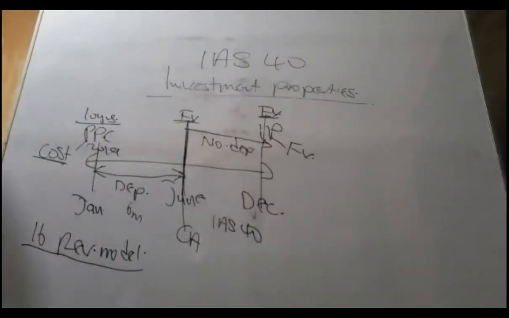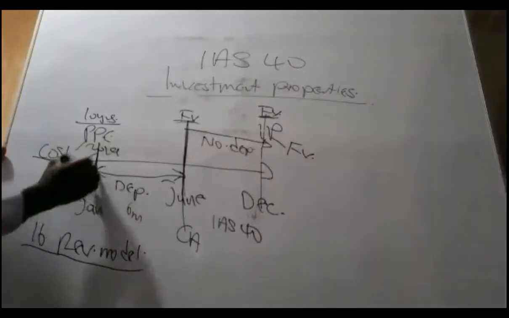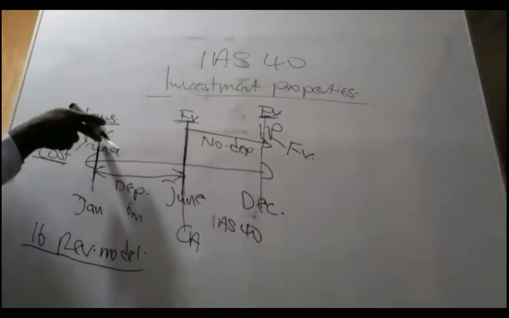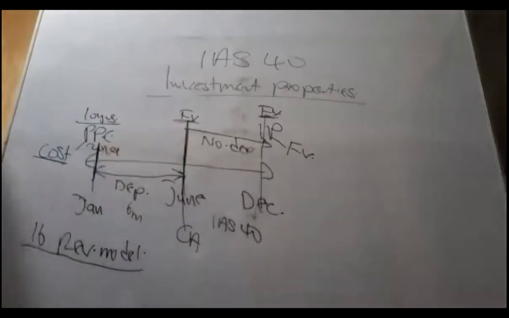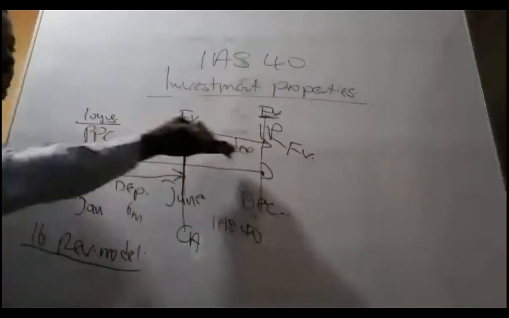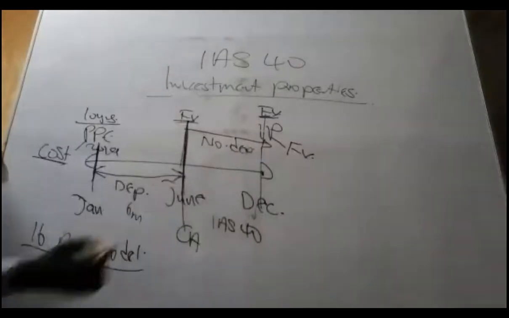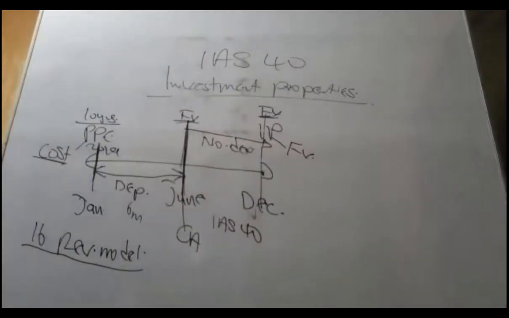Why? Because at the start of the year, if you made any transfer, then the investment property starts from here. So that year, full year, no depreciation. If you perform the transfer at the end of the year, full year depreciation, good. But if you do it mid-year like this, that is where 6 months no depreciation, 6 months depreciation, in that order. Good. So let's take note of that.